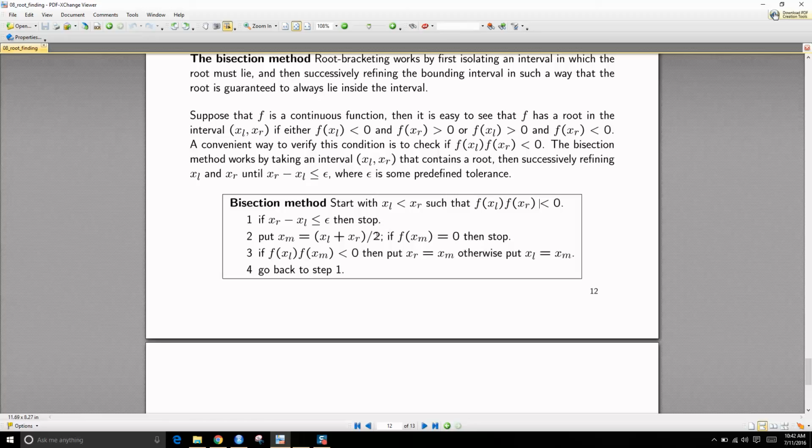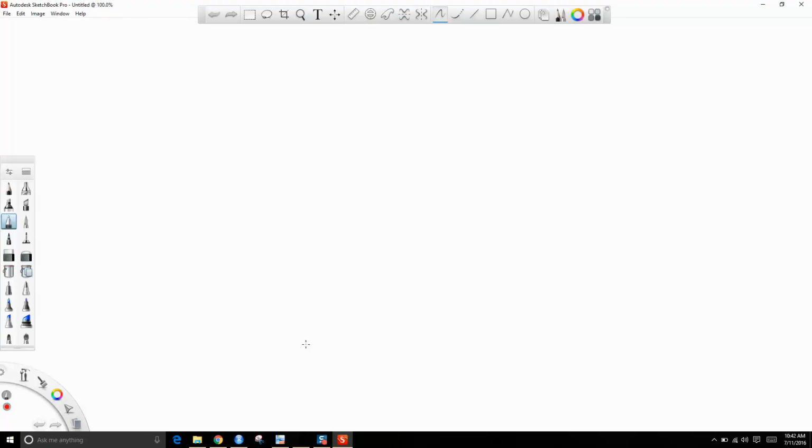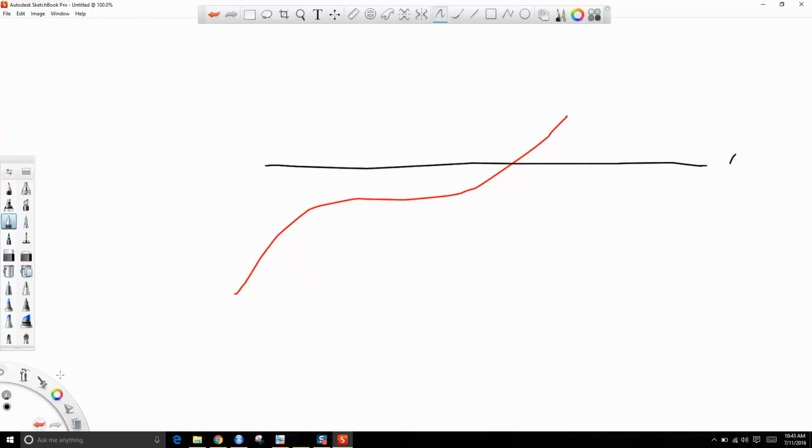Maybe I can draw another picture here. Let's say you've got some function here, and this is the line 0.